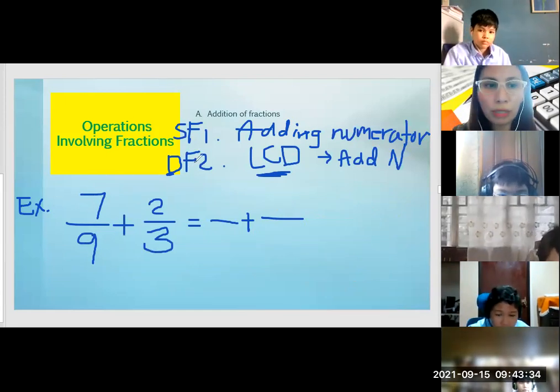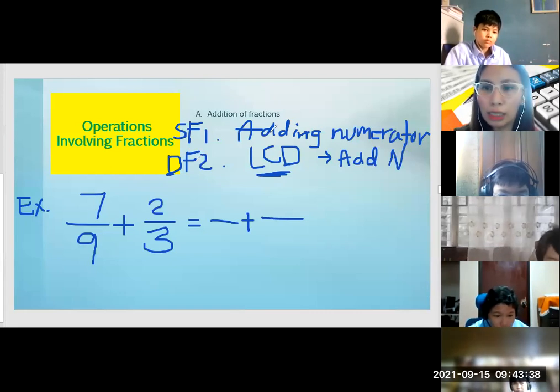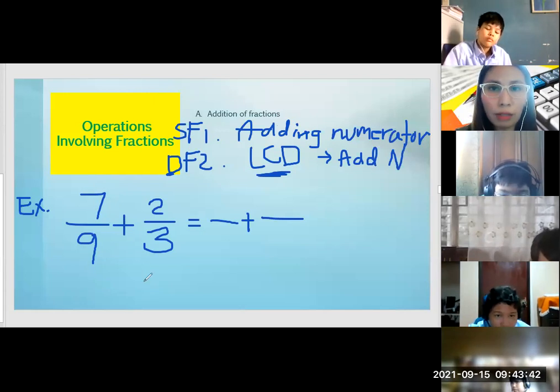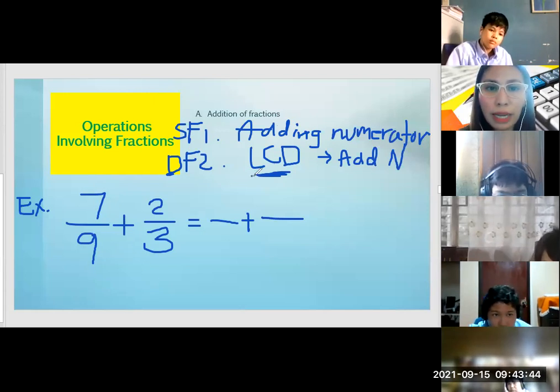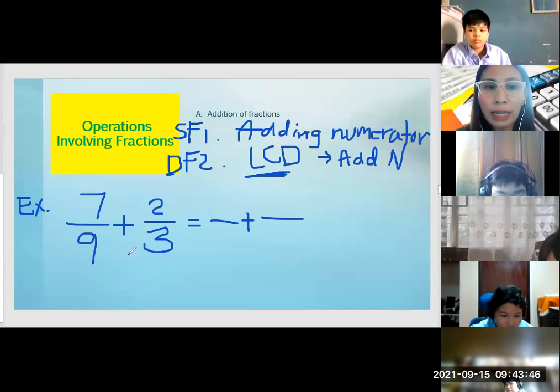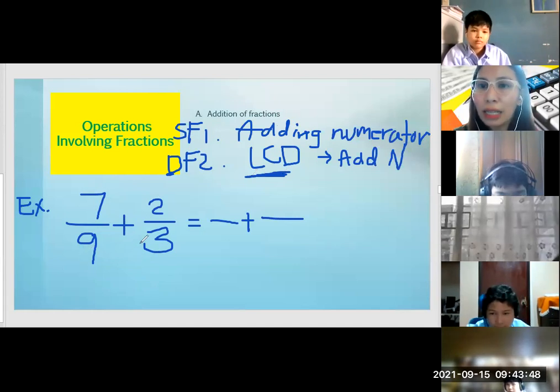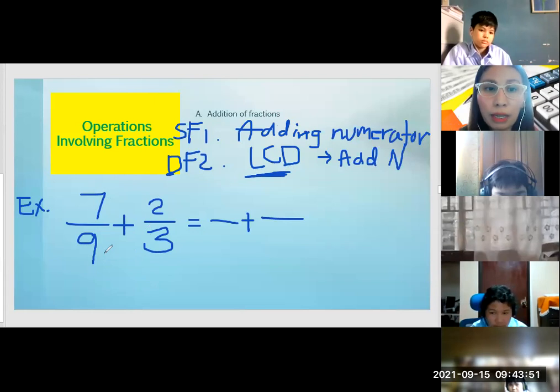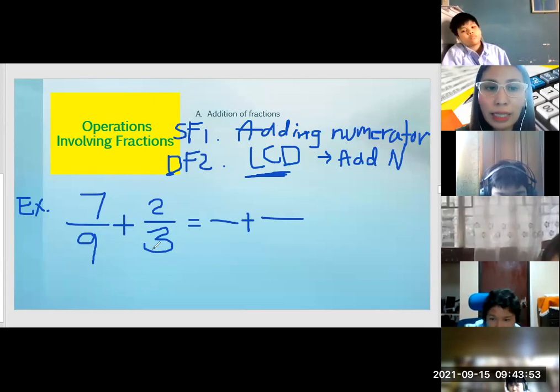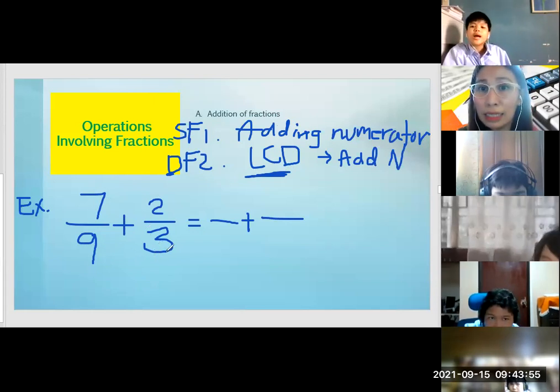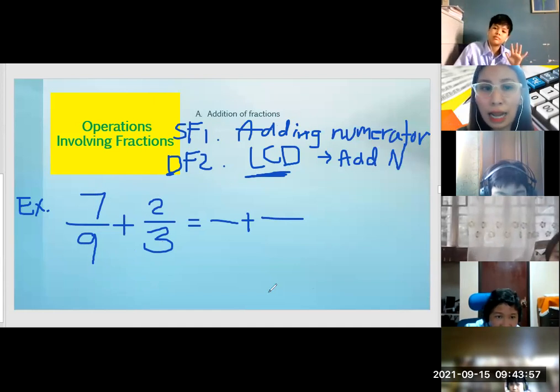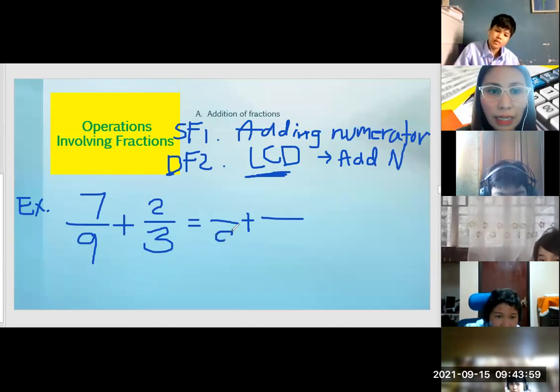Another example: 7/9 plus 2/3. Let's first get the LCD of 9 and 3 since we cannot add right away. The LCD of 9 and 3 is 9. Correct.